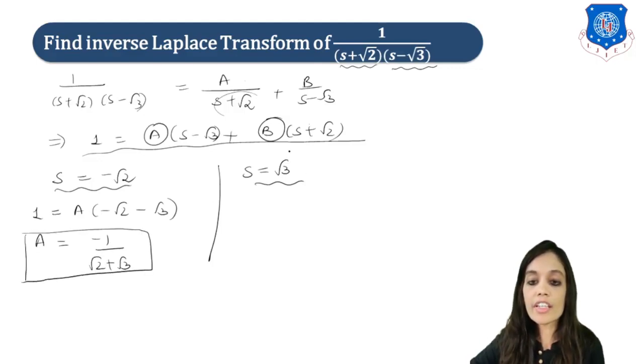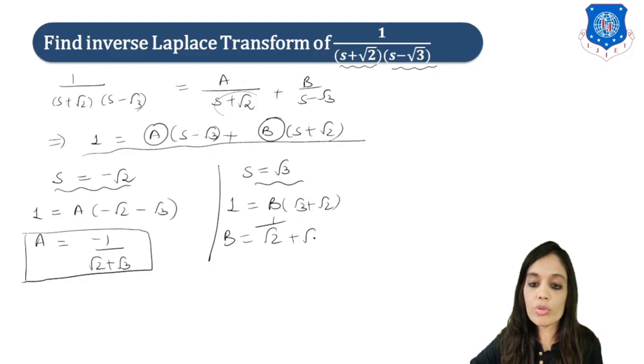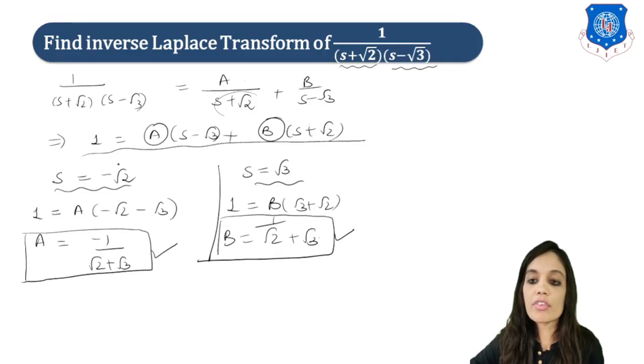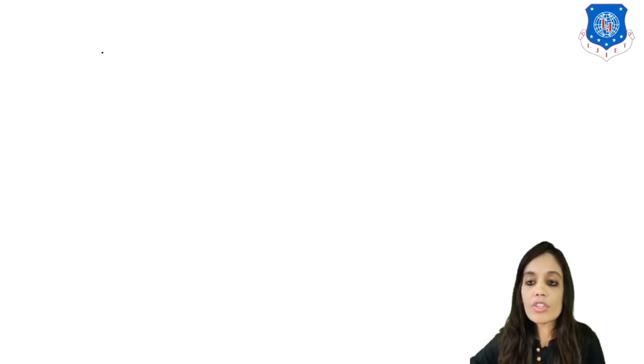Fine. Now let us put this root 3 in this equation. So 1 is equal to, this will go to 0, B times root 3 plus root 2. So B is what? 1 upon root 2 plus root 3. Right? Now let us put these two values in this equation.